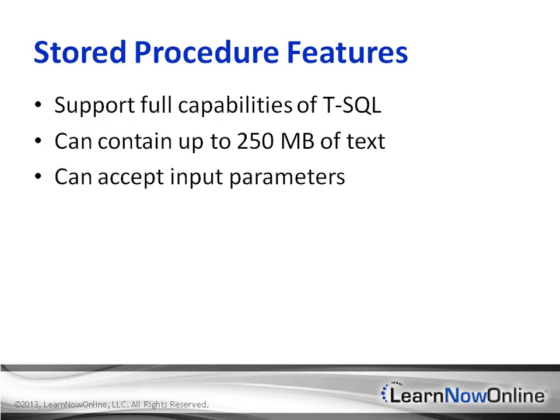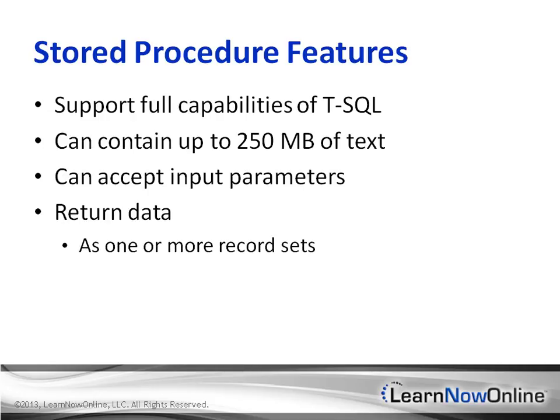Stored procedures can accept input parameters and can return more than one result set, and they can also return data in the form of output parameters, as well as a return value. Stored procedures are as close as you can come to functions or methods that you find in full-featured object-oriented programming languages.